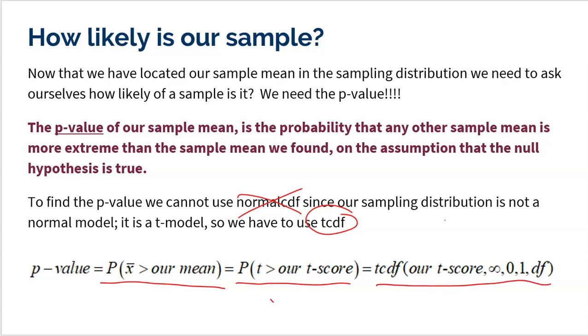TCDF is going to need our t-score, then we go all the way to infinity, which on our calculator we use 99. Then we need a mean of 0, a standard deviation of 1, and the last thing you're asked for is the degrees of freedom. Remember, the reason you need the degrees of freedom, which is simply sample size minus 1, is because there are many different t-models out there, not just the standard one.